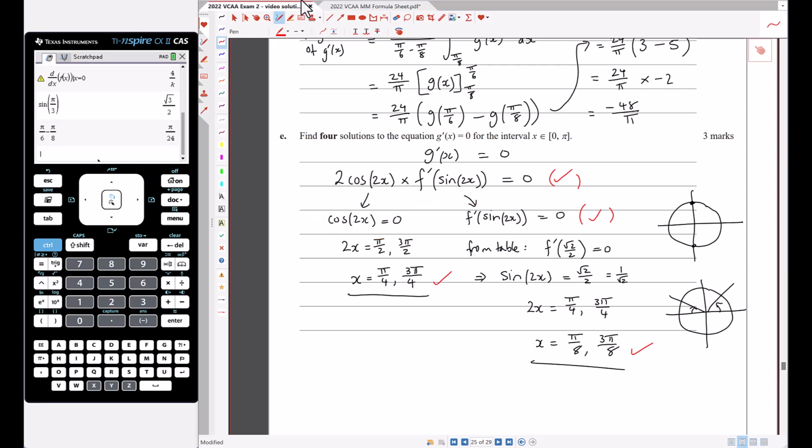But I would like to think the marking scheme would be set up so that if you just managed to get your way down this part, you would still get 2 out of the 3. But as I said earlier when talking about the mark allocation, it's very hard to know.